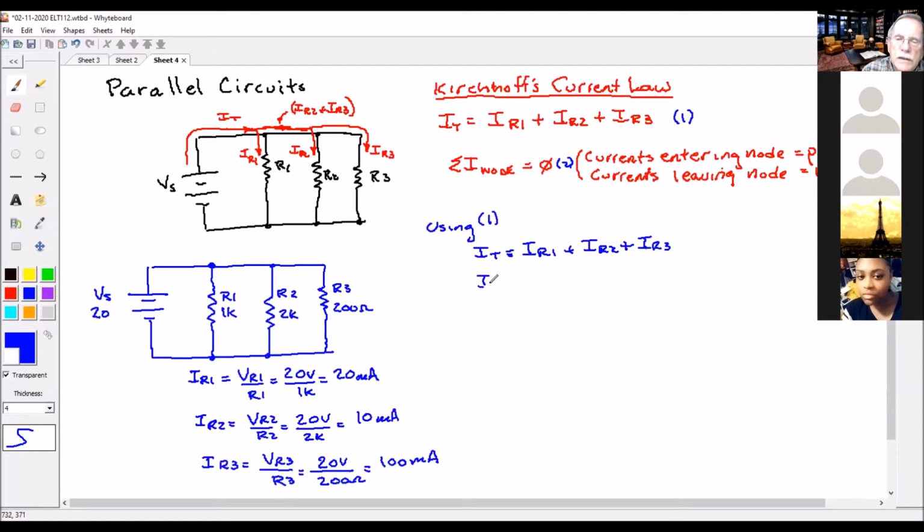So I've got IT is equal to 20 milliamps plus 10 milliamps plus 100 milliamps. If I add all of that up, that says that IT is equal to 130 milliamps.